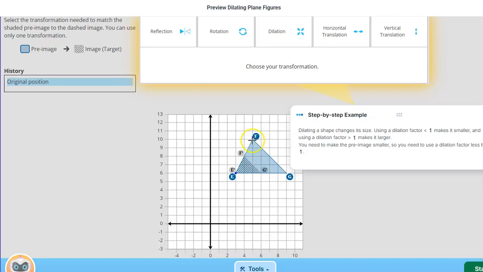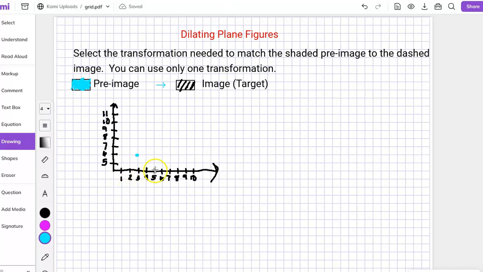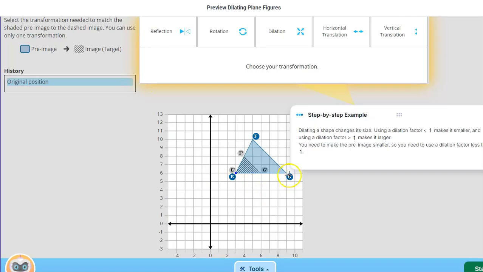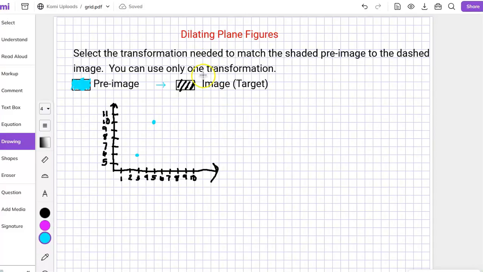F is at 5, 10. I'm going to go over 5 and up 10. And then I'm going to write the letters for the points in just a second. And then G is at 9, 6.